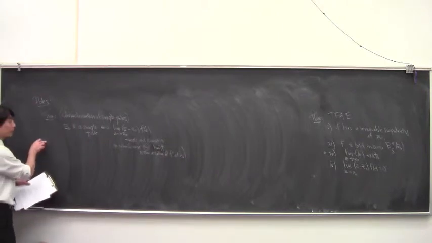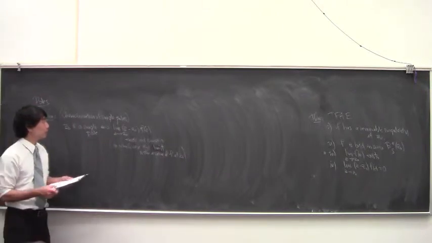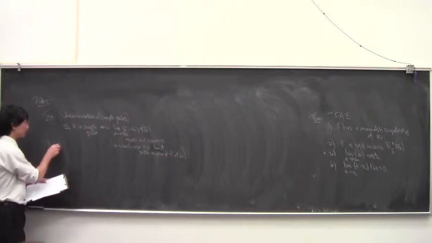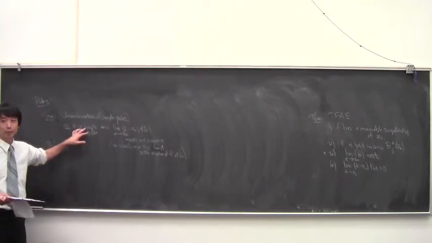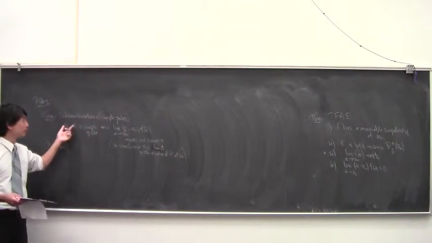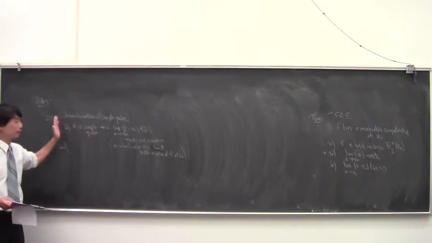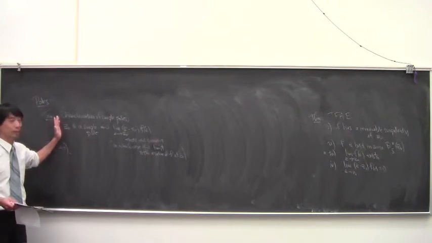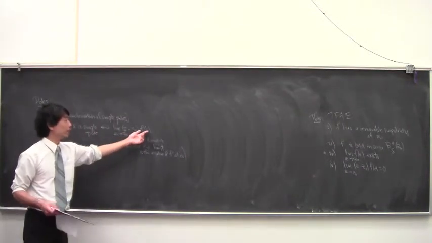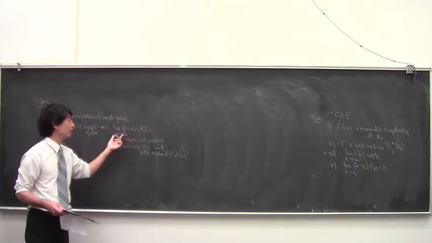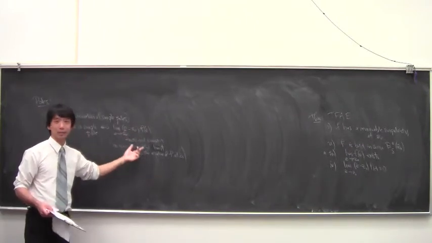So the first part, the forward direction, is pretty clear. If you're a simple pole, that means that your Laurent expansion has a 1 over z minus z0 term, and that's the only negative power term. And so if you multiply that by z minus z0 and let z go to z0, then you're going to get the residue.